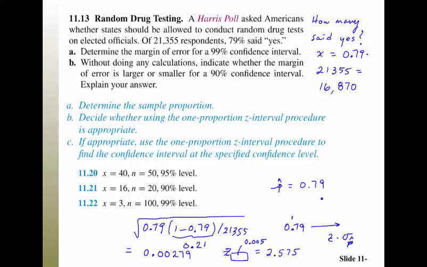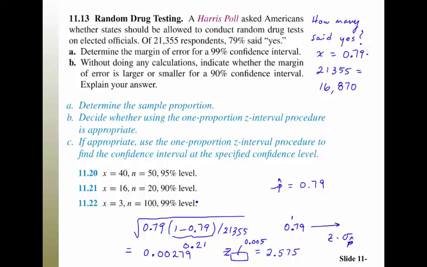So remember that our point estimate for the population proportion is the sample proportion, and then we're going to go this many standard deviations above that, and this many standard deviations below that, and then there's our standard deviation. The standard deviation is really small. Why? Because we got a huge sample, 21,000.